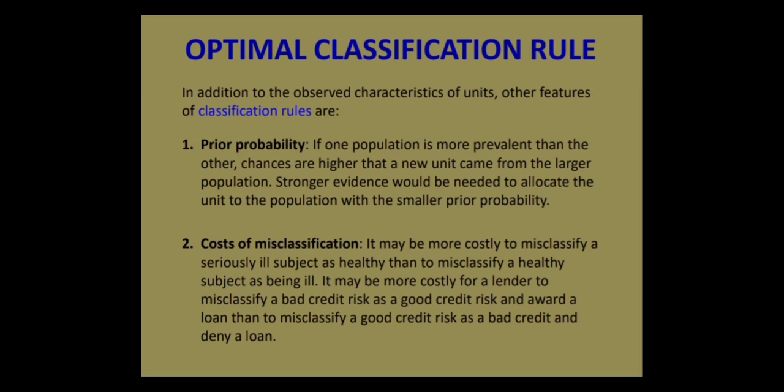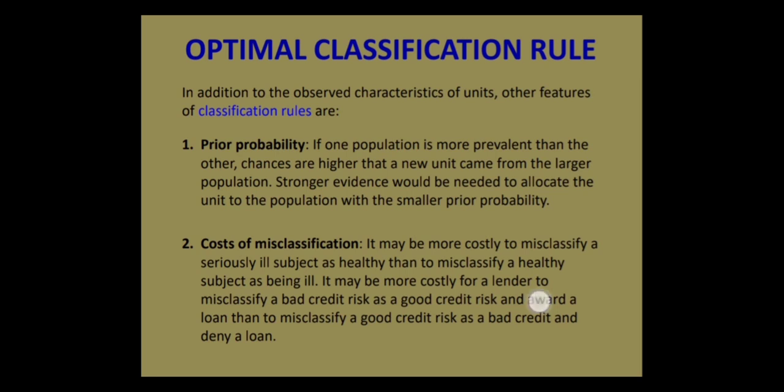Okay, it has the greater likelihood of occurrence. Okay, because of that, we need stronger evidence to allocate the unit to the population with the smaller prior probability. Okay, so we will see this later when we want to calculate the region.